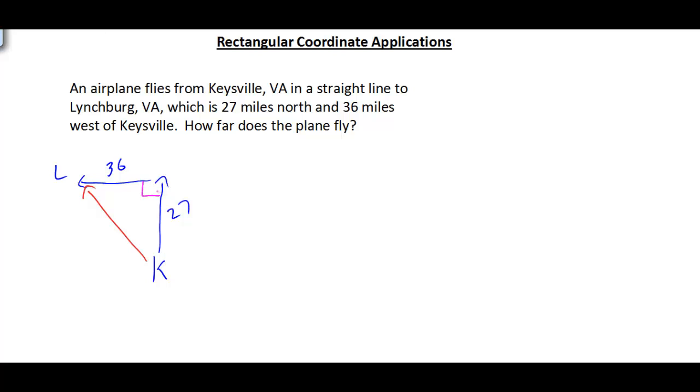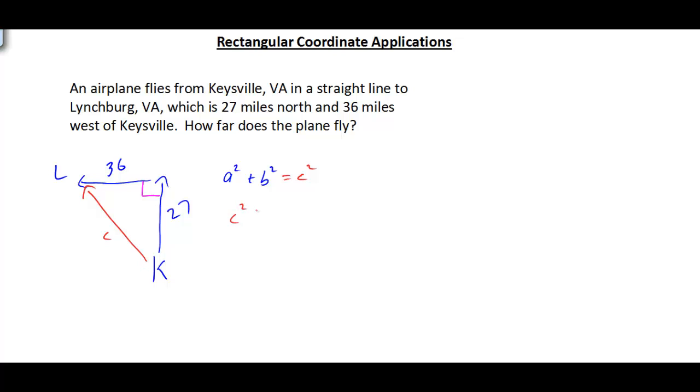So for this example, we could use the Pythagorean Theorem, which again says that a squared plus b squared equals c squared. And if we do that here, we're looking for this direct flight, which is our c.